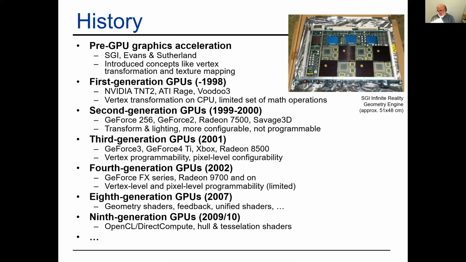The second generation of GPUs, which was 99, 2000 timeframe, is where transform, but also lighting computations were per vertex lighting computations, which the SGI machines could also do. The other thing the SGI machines, of course, could do is texturing, which was the big thing back at the time.